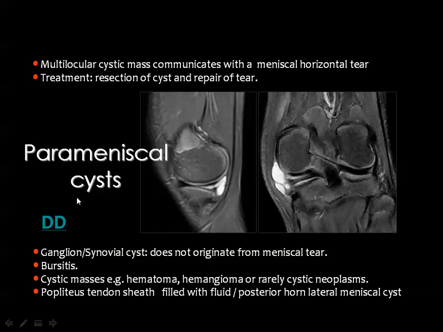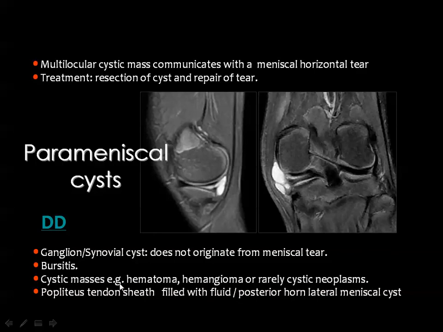The differential diagnosis will include the ganglion or synovial cyst, which is not related to a meniscal tear, and bursitis, which is related to inflammation of any of the bursae related to the knee. We'll discuss this in the second part of this talk.